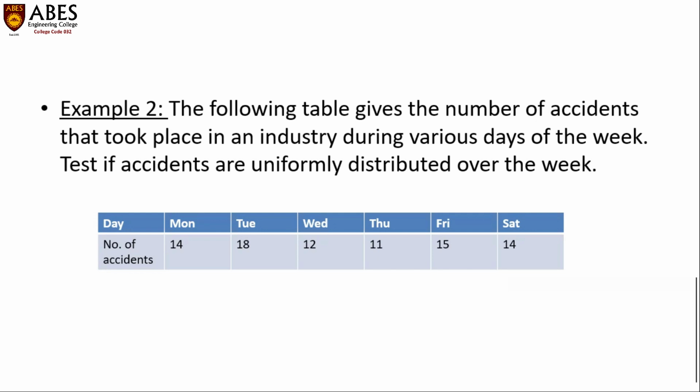Now, we want to know whether the accidents are uniformly distributed over the week, that is, every day has an equal chance for the accidents, or whether there are some days which are more prone to accidents, where there are more chances or fewer chances for the accidents to happen.